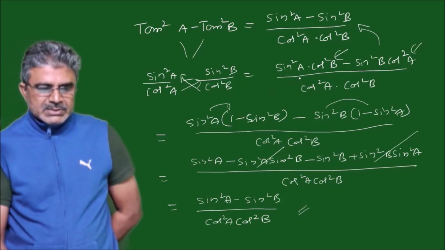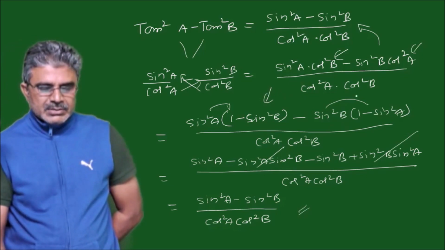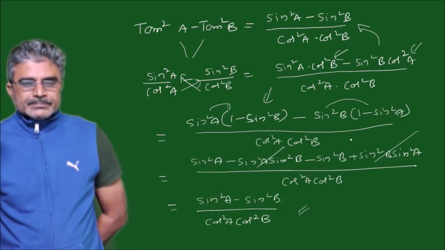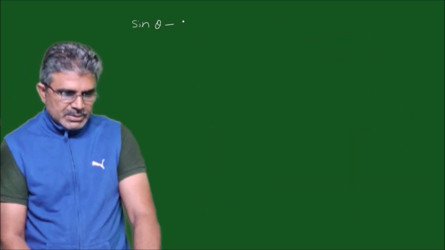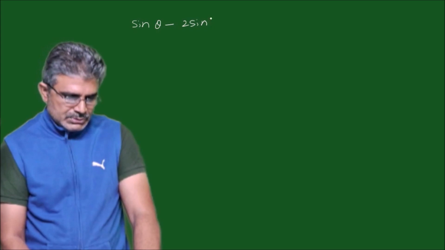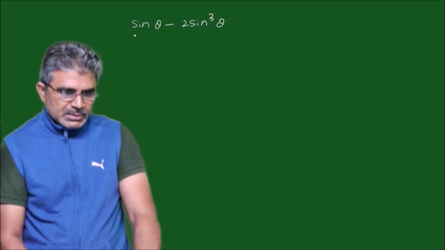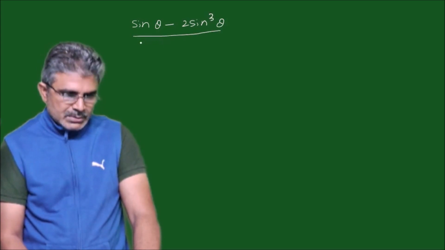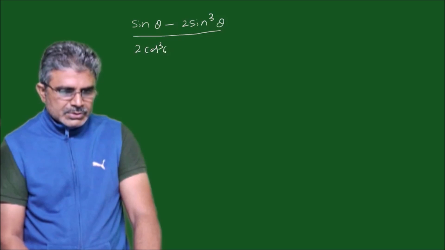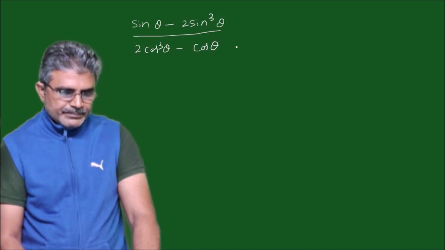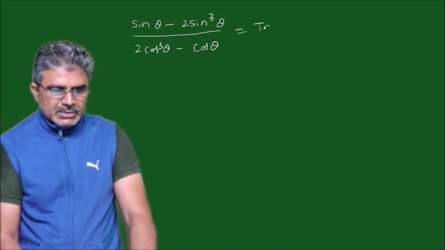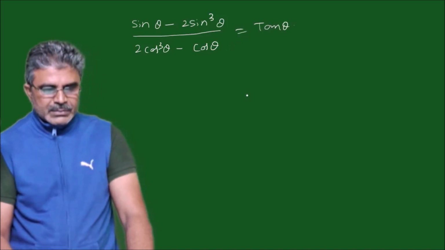The main turning point is converting these cos terms into sin terms in the numerator. Our next question is sin theta minus 2 sin cube theta divided by 2 cos cube theta minus cos theta, which should be equated to tan theta.